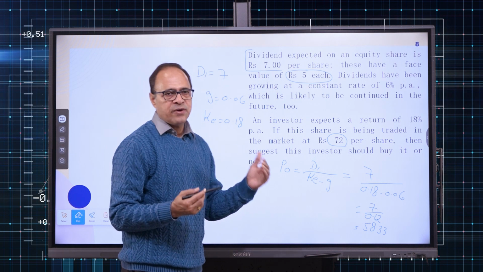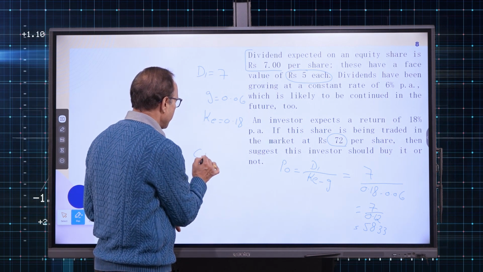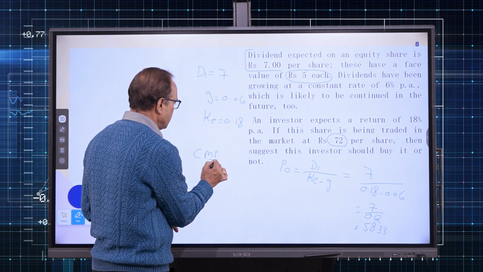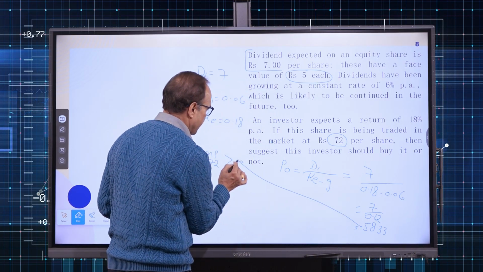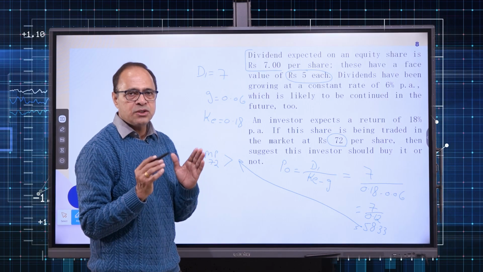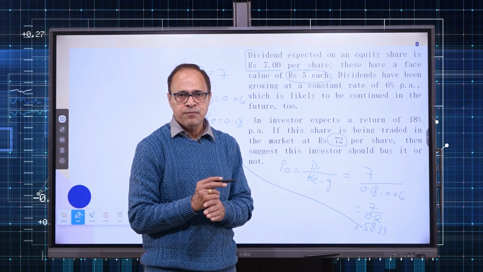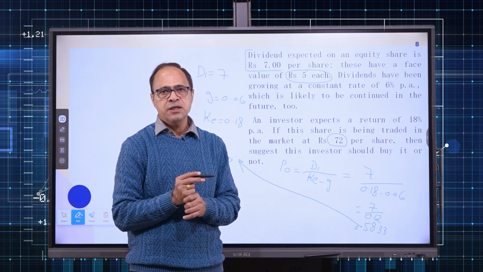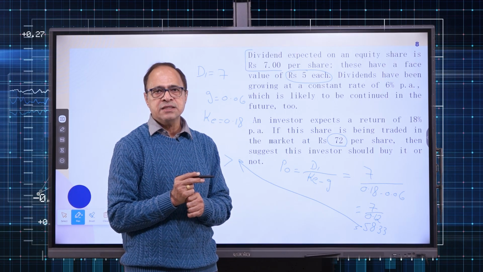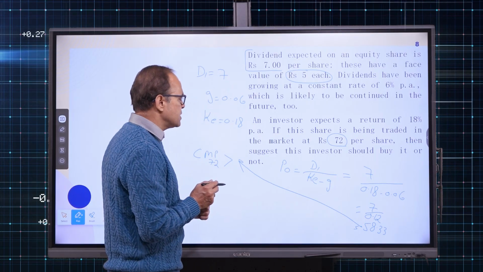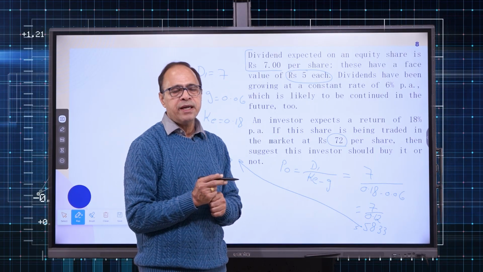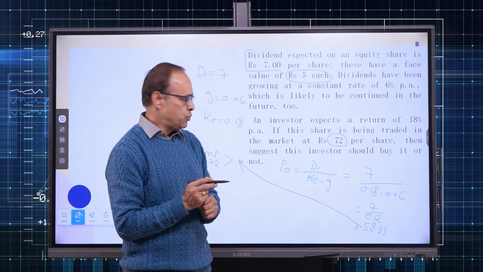As explained, the fundamental is: if CMP, which is 72 in this case, is greater than the price we have calculated, then definitely the share is overpriced and one should not buy it. Rather, if he is holding it, he can think of selling it so that when the price corrects in the future, he can buy it back again. So, in this case, we suggest this investor not to buy at the given price of 72.